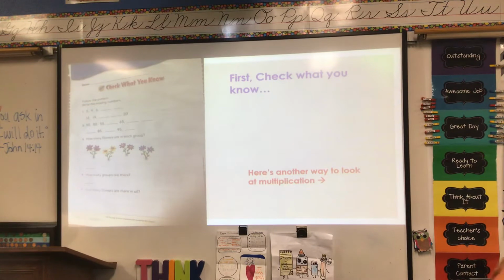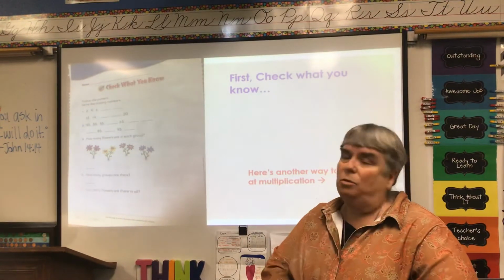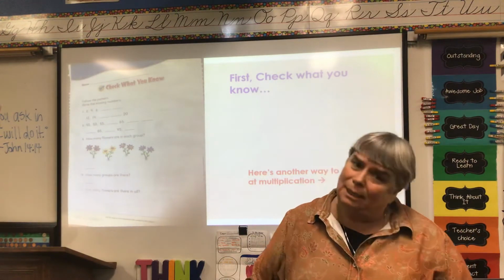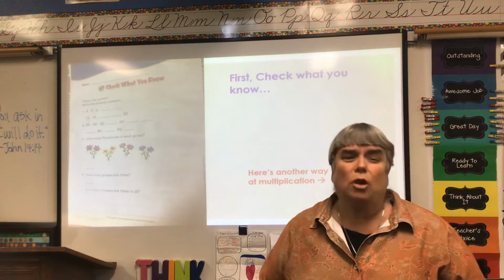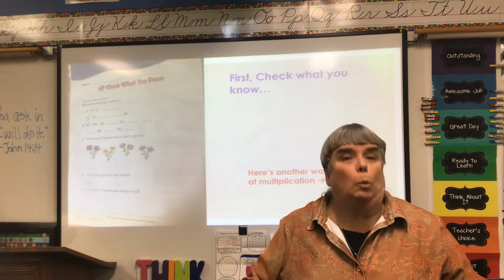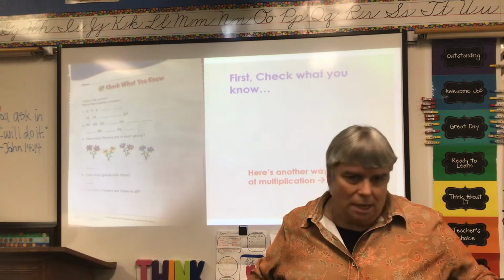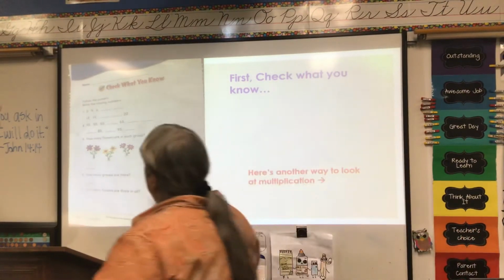So the next thing we're going to do, when you turn this page, it says check what you know. So we're going to look at what you know. As we've done probably since the beginning of the school year, it has skip counting. So we're going to try doing some skip counting. Really, skip counting is multiplication. This is just a different way of looking at it. So let's see.